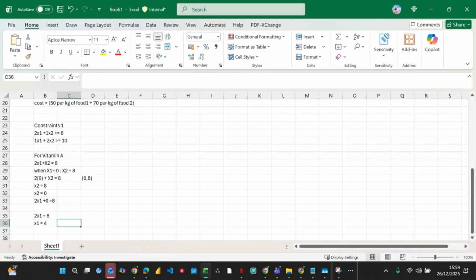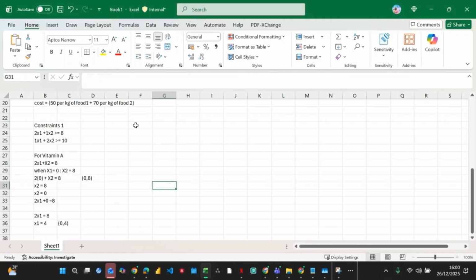So that is going to be (0, 8), and this one is going to be (4, 0), because we are looking at the coordinate points.